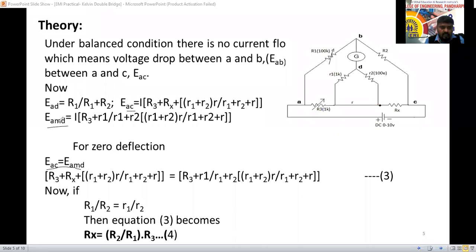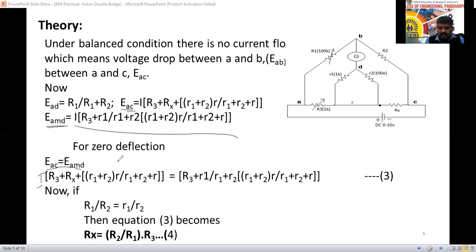By making EAD equal to EAC, I will write I into R3 plus RX plus R1 plus R2, same as it is, and equal to this one complete, R3 plus R1.